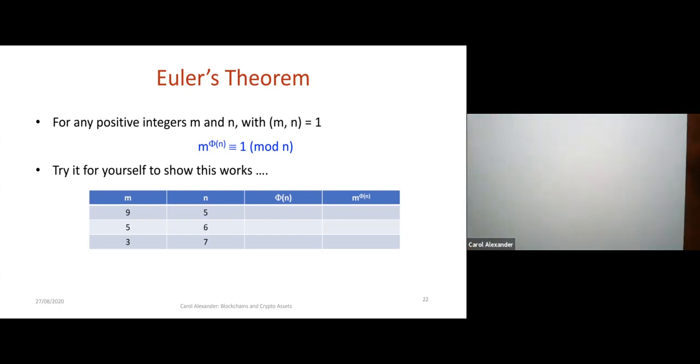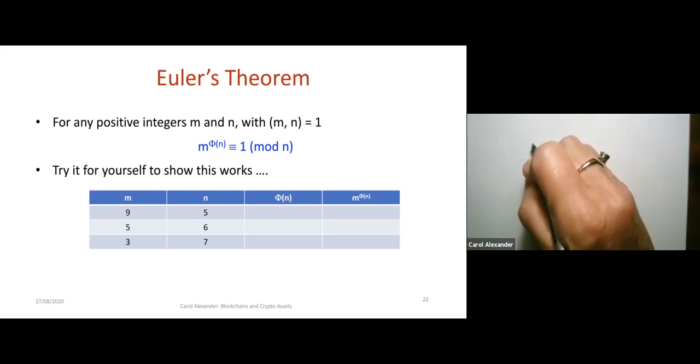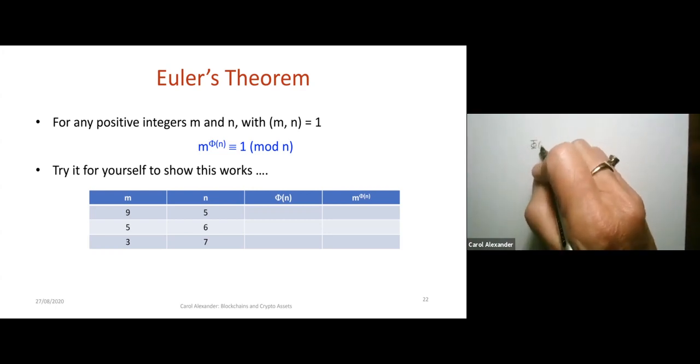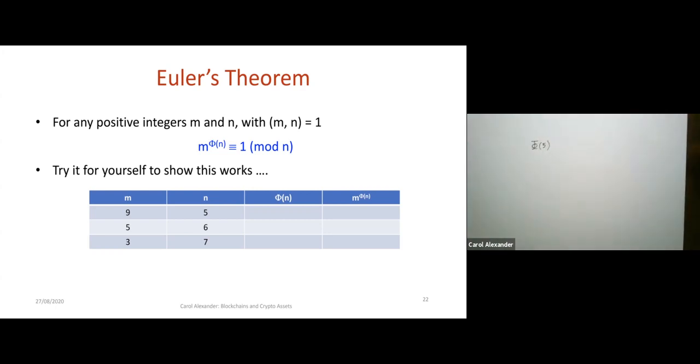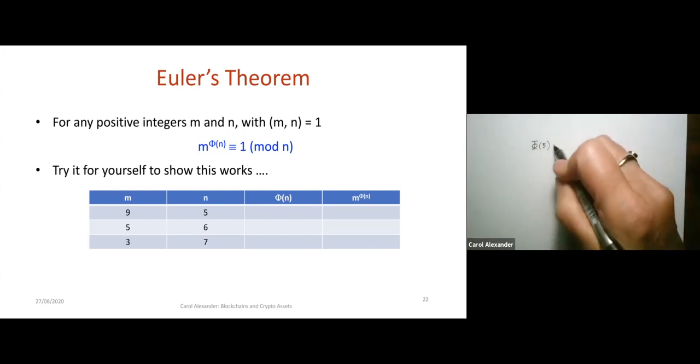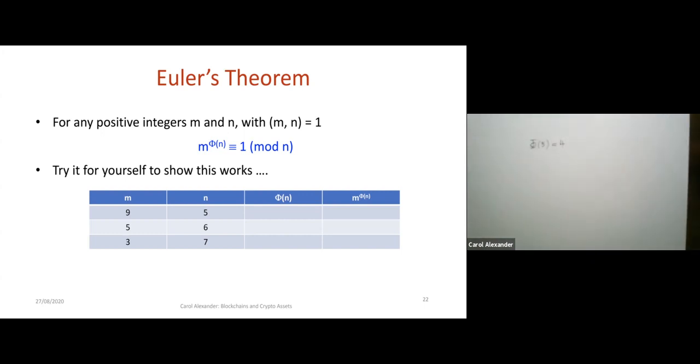So I need to find phi of 5. Now 5 is a prime number, so we know it's 4. It's always 1 less than the number if the number is prime. And so 9 to the power 4 is what we need to find and show that it is congruent to 1 mod 5.